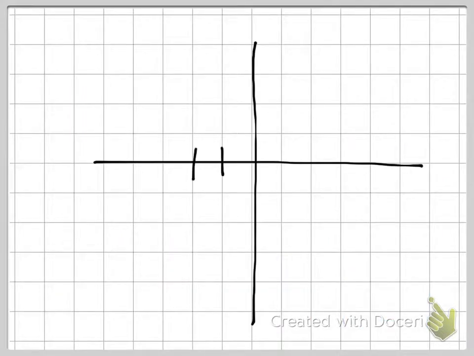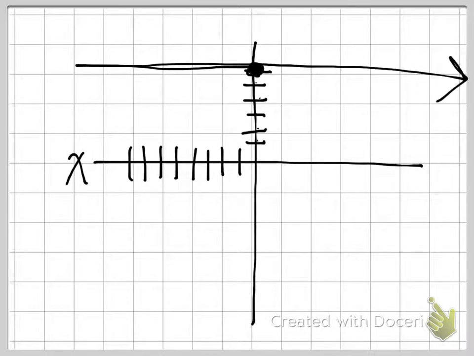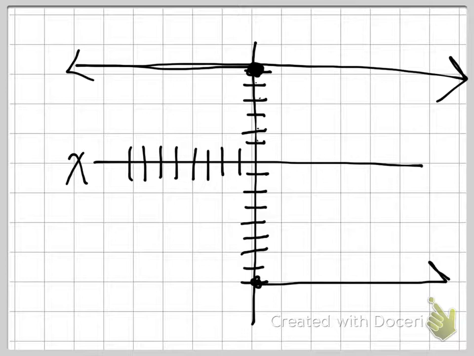Let's go up the y-axis to 6: 1, 2, 3, 4, 5, 6. So y equals 6 right there, and then I draw a horizontal line. And then negative 8: 1, 2, 3, 4, 5, 6, 7, 8.